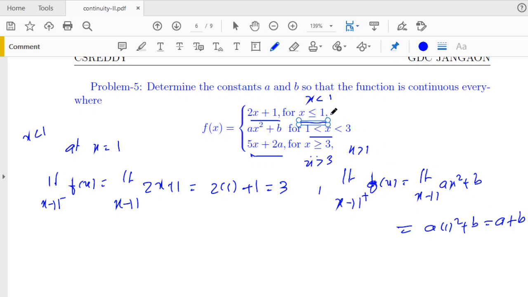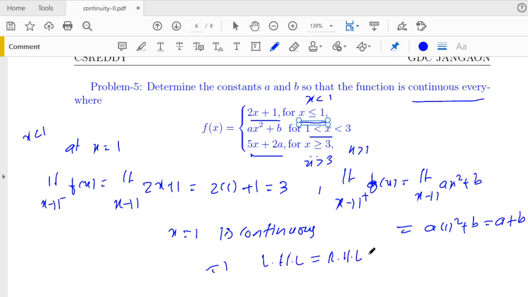Given that the function is continuous everywhere, that means at each and every point of the domain, the real number system, f is continuous. Therefore, at x equal to 1, given function is continuous. This implies that the left hand limit equal to right hand limit equal to function value.